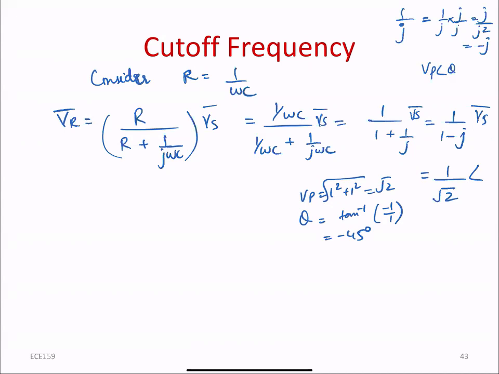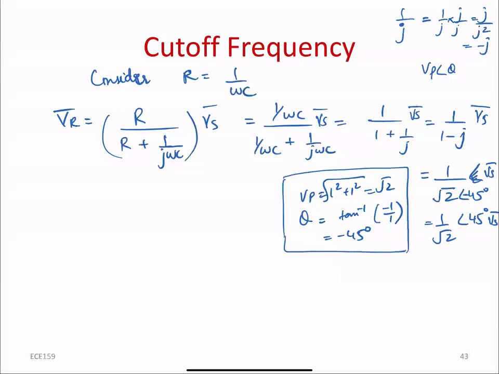So this is minus 45 degrees here. When this goes up, this is going to be 1 over under root 2 at angle 45 degrees times Vs. This is just to solve this one. I hope it's clear.